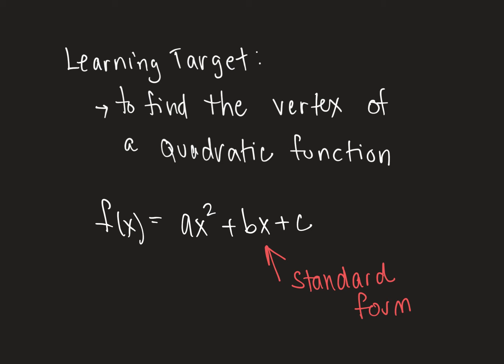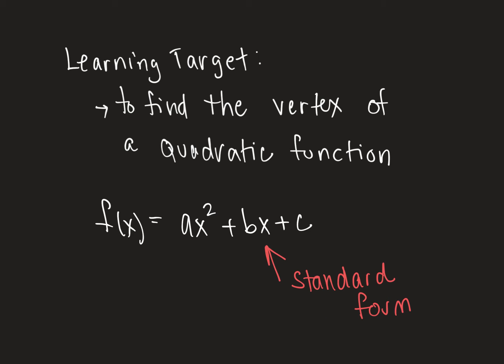Okay, so the first thing that we want to do is we will always make sure that our equation is set equal to 0. And we know that it could either be set equal to 0 or equal to y, or like we have done here, since this is a function, equal to f of x. So our first step is to make sure that it is in standard form.